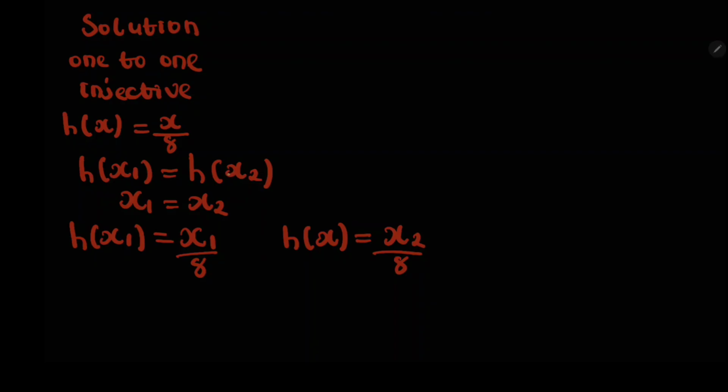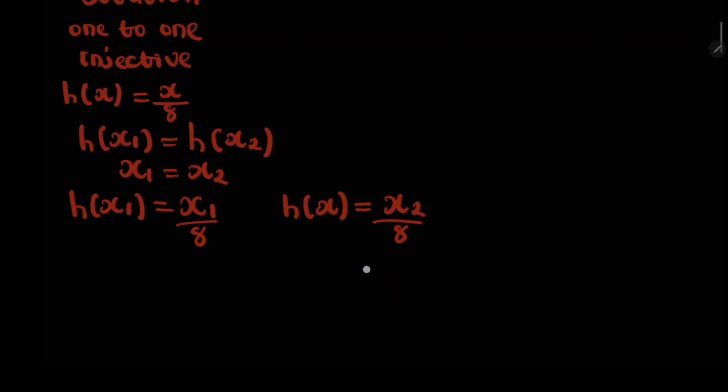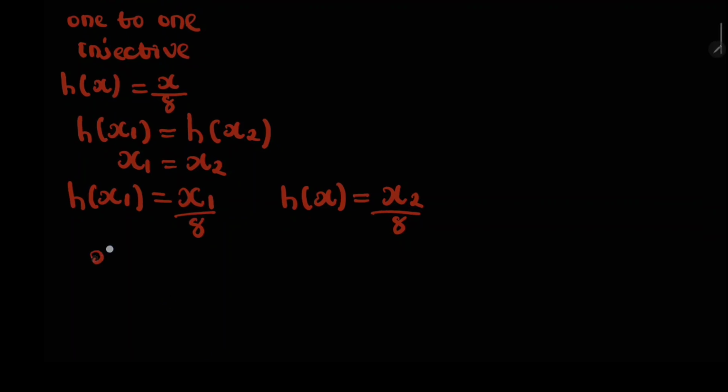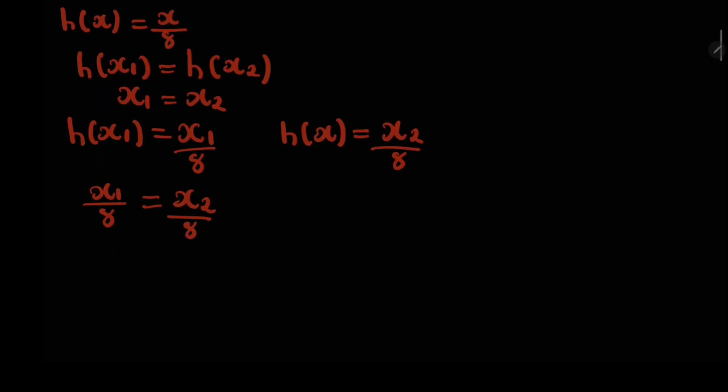So we have to equate them and see whether we would end up with x1 equal to x2. Okay, now let us equate them. We have x1 divided by 8 equal to x2 divided by 8. Okay, so let us cross multiply. So we have 8x1 equal to 8x2.